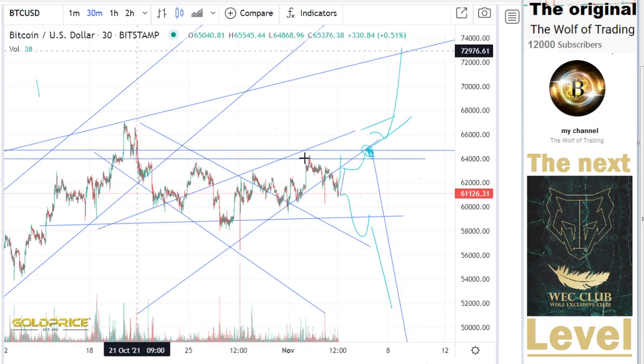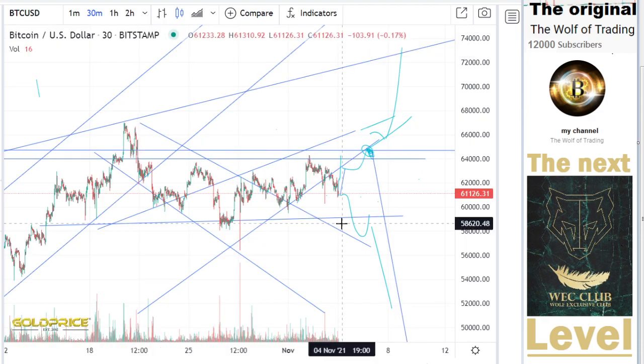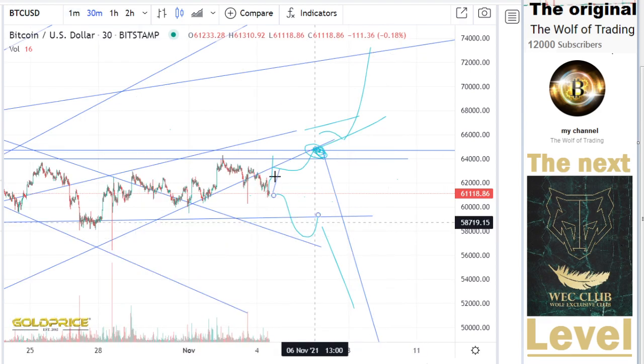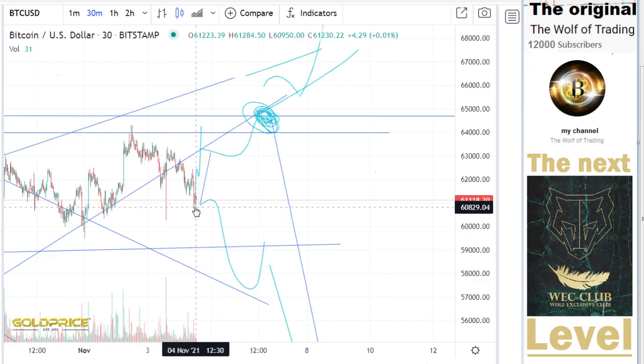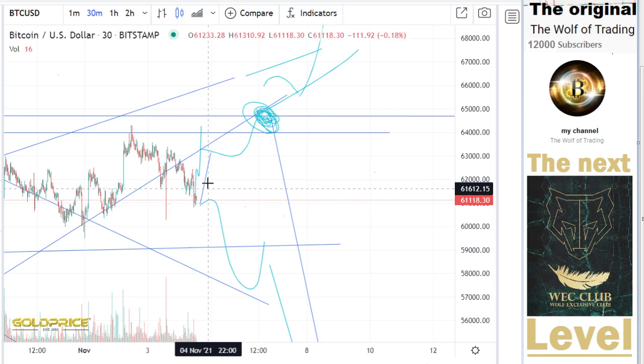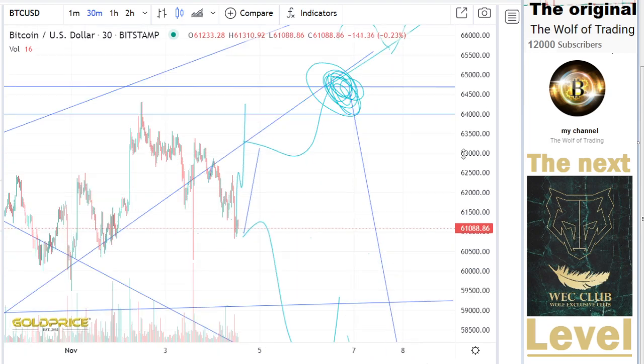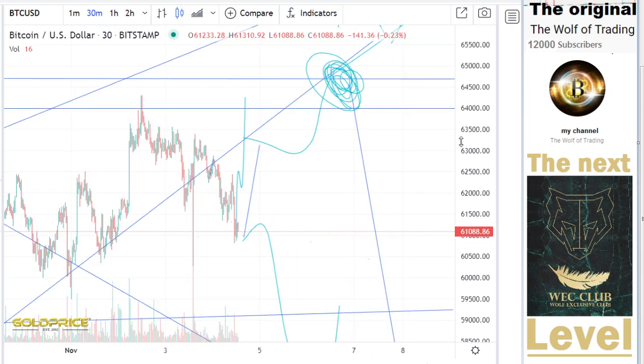Also at the Bitcoin price, you can see that we have the energy to go to the top side, but all depends on this area. If they switch here and say no, we won't go to the top side, then the price will go to the downside. Let's look in detail.